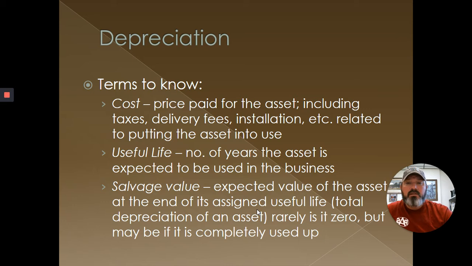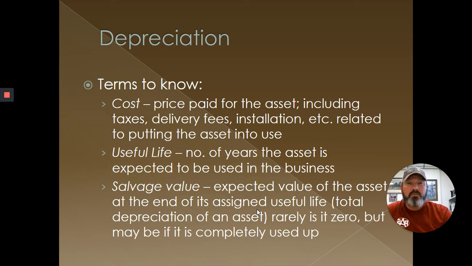First is cost, and we're talking about the price paid for the asset, including tax, delivery fee, installation, licensing, whatever, all related to putting that asset to use. Useful life then is the number of years the asset is expected to be used in the business. And we'll show you a chart here of what the business community looks at as useful life on farm business assets. Salvage value is the expected value of the asset at the end of its assigned useful life.